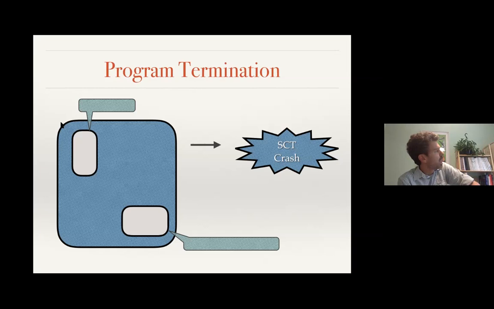I don't have proofs of any of these things, but it may be that it follows from the way that our soundness theorems are stated, because you can talk about refinement, like you have a program that is more or less precise.